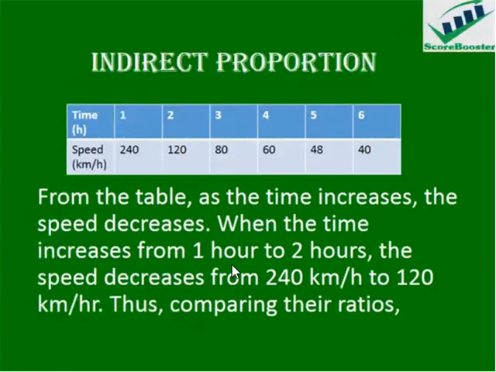For us to see that relationship, we are going to compare the ratio of two of the times and their corresponding speeds. That is, the increment of time from 1 hour to 2 hours, which corresponds to the decrement of speed from 240 kilometers per hour to 120 kilometers per hour.